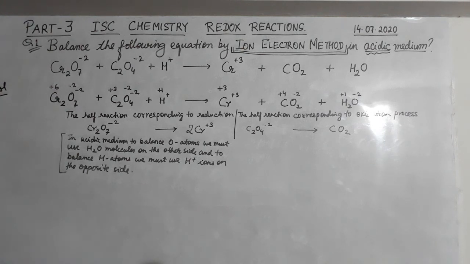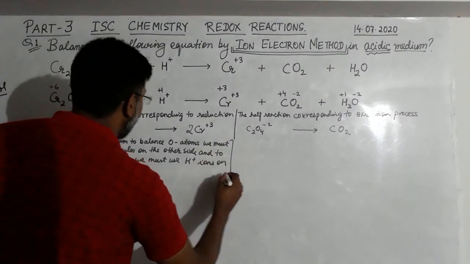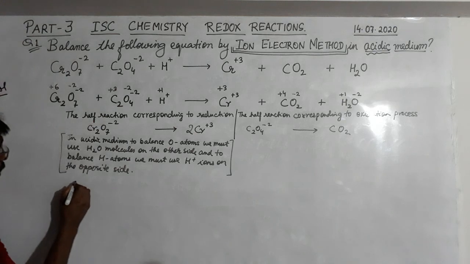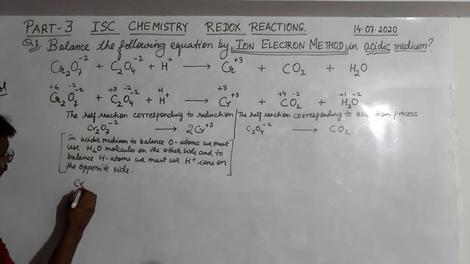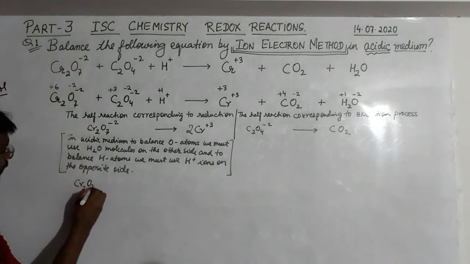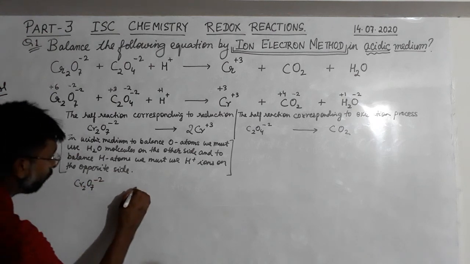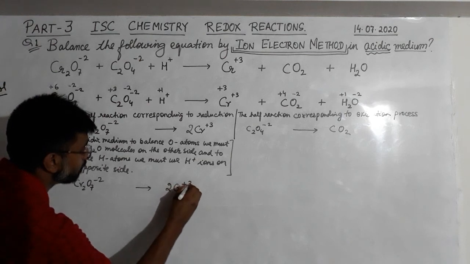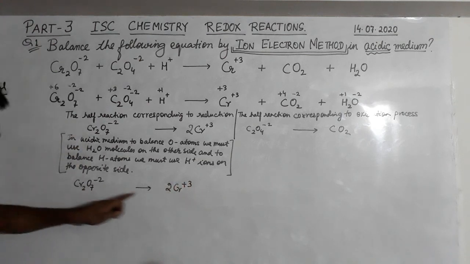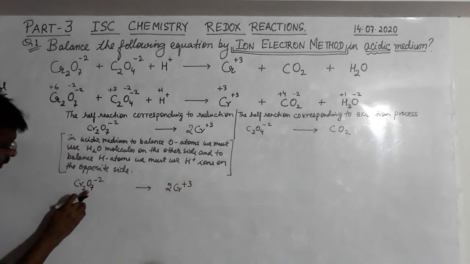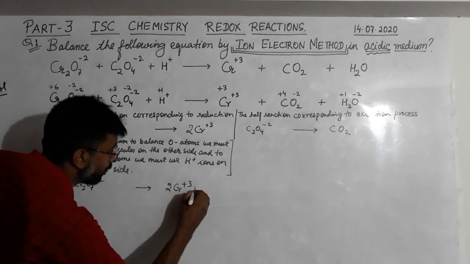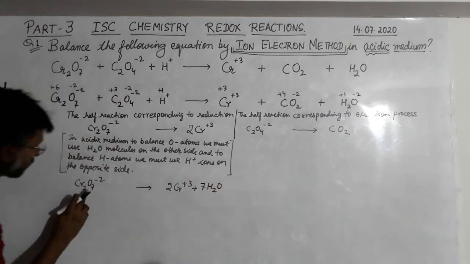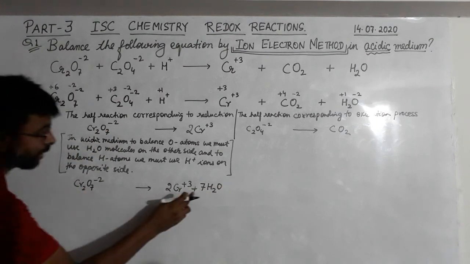So keeping this in mind, I am going to write the reduction half equation once more: Cr2O7 minus 2, an arrow, and twice Cr plus 3. Now the chromium atom is balanced, but there are 7 oxygen atoms. So here I will put 7 water molecules, 7 H2O.